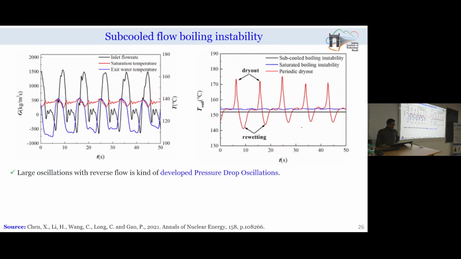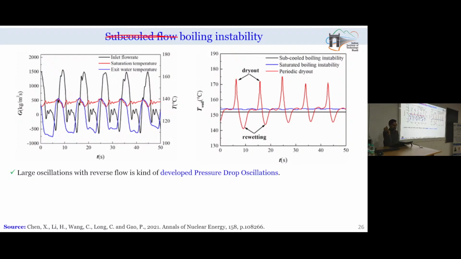Third type of instability. So, this is I think wrongly written over here. It should not be subcooled flow boiling. This is the situation when we are operating in the saturated regime, but a sufficient amount of vapor is forming, and this vapor is actually leading to periodic dry out of the wall temperature at the heater surface.